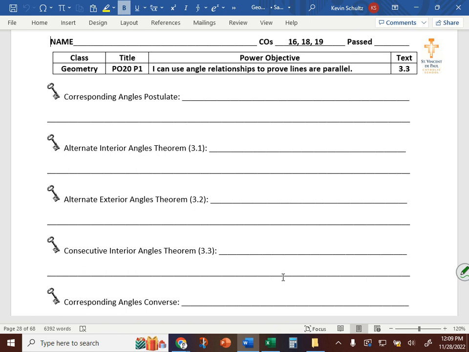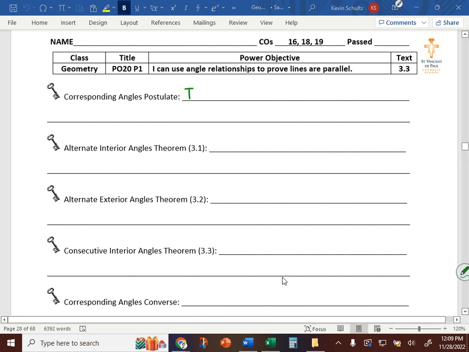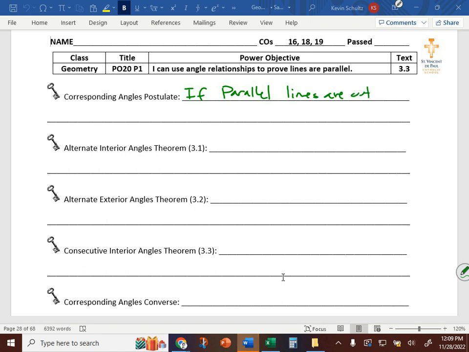So the corresponding angles postulate, or the CAP, just proves to you that math was cool even before you kids made CAP cool, says that if parallel lines are cut by a transversal, then the corresponding angles are congruent.